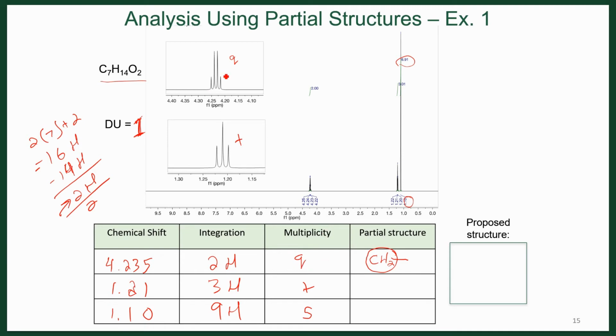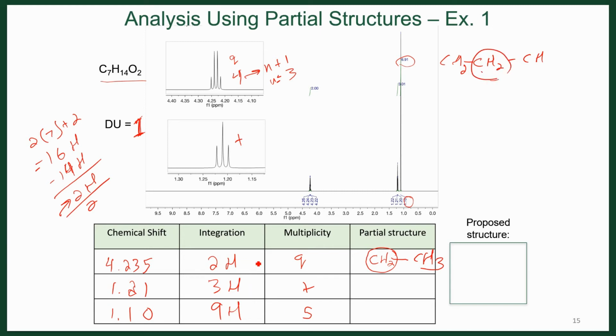It's a quartet, which means it has 4 total lines, which if we remember our n+1 rule, n should equal 3. So on the adjacent carbon, we likely have 3 hydrogen atoms. So just like in the example table before, there is another possibility here in that we could have a CH2, a CH, and a CH2.